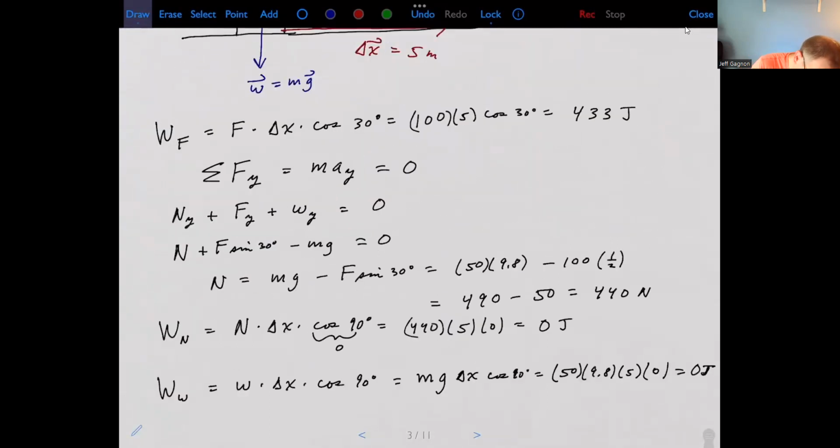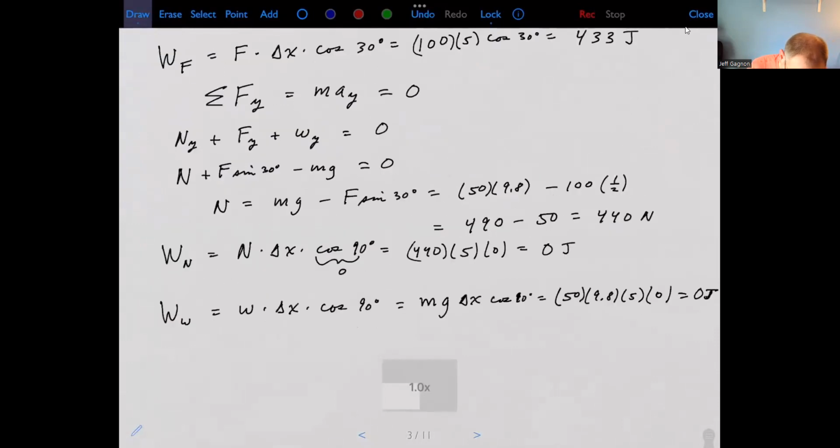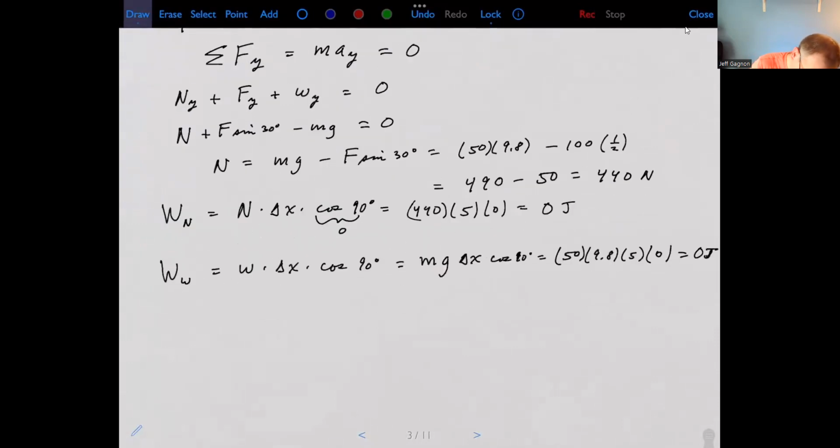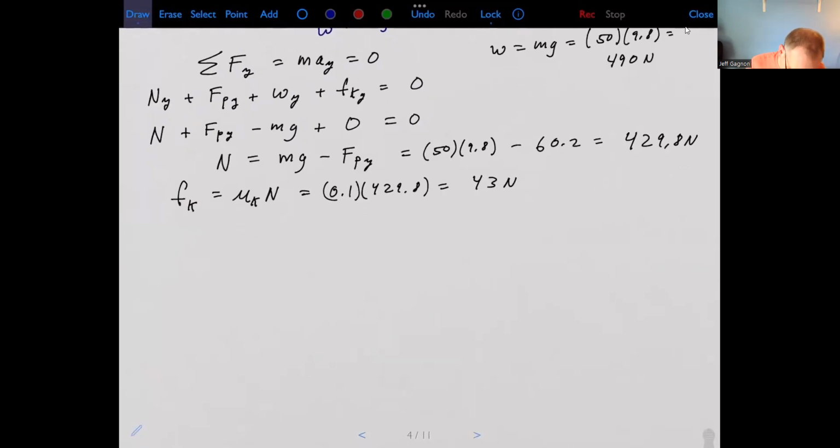So work done, oh, it just moved on me. The work done by FP, by that applied force. Well, it's going to be the applied force times the displacement times cosine of the angle between them, which is 37 degrees.